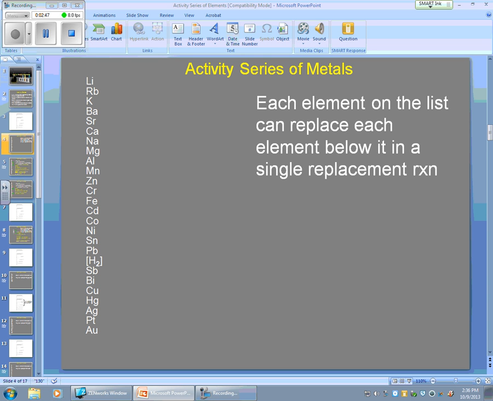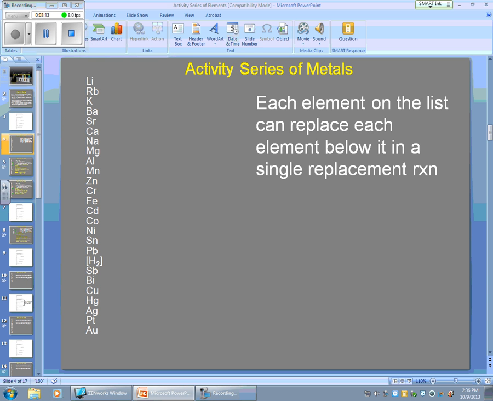So your more reactive elements here are lithium and rubidium and potassium. And your least reactive elements are down at the bottom. You got silver, Ag, platinum, Pt, and gold, which is Au. We use these for jewelry because they're not very reactive. You don't want to start out the day with a gold ring on your finger and end the day with gold oxide. It's not worth as much.